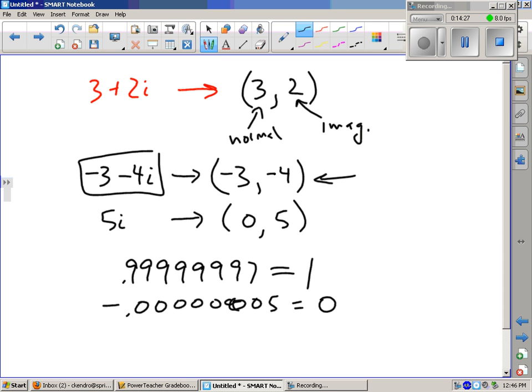So if you get numbers that are very, very close to a whole number or 0, another thing you might see is like 3.27 times 10, or no, I think they put e to the negative 14. Well, that means I have 14 zeros in front of it, so that's really going to be 0. So I'm just giving you some examples of what you might see in the calculator that might confuse you as to what the answer is. But just remember if it's really, really close or if it's e to the negative, it's probably 0.